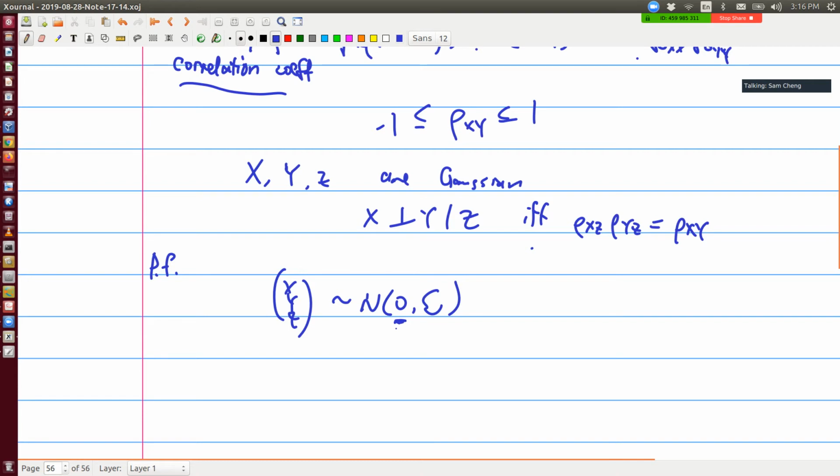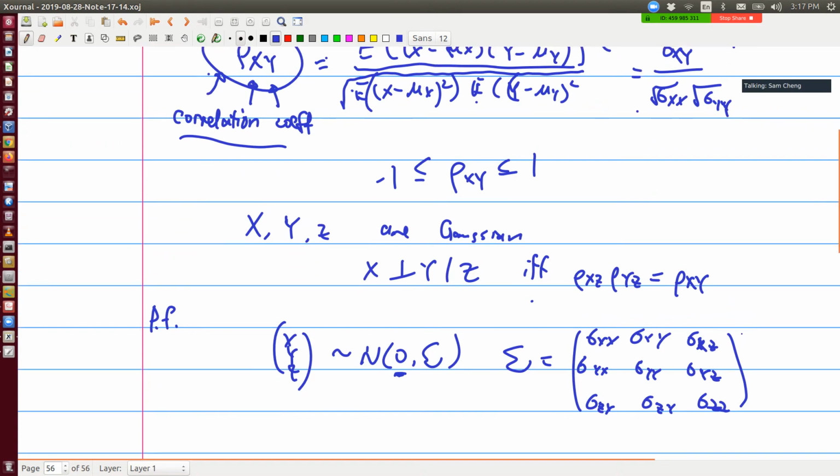If not, you can just subtract the mean. The covariance matrix is basically sigma xx, sigma xy, sigma xz, sigma yx, sigma yy, sigma yz, sigma zx, sigma zy, sigma zz.